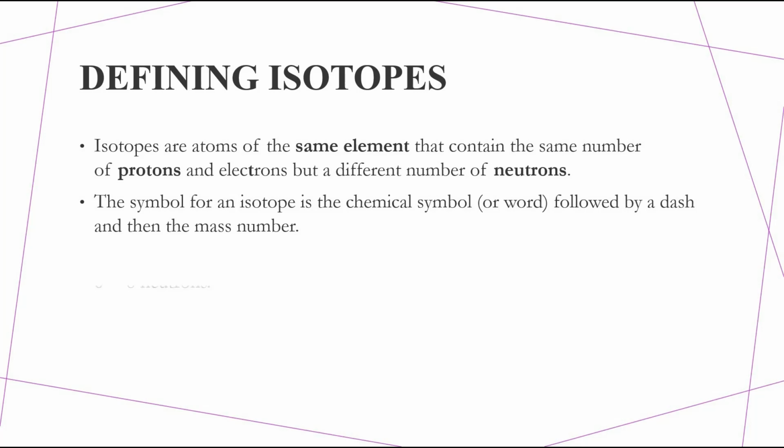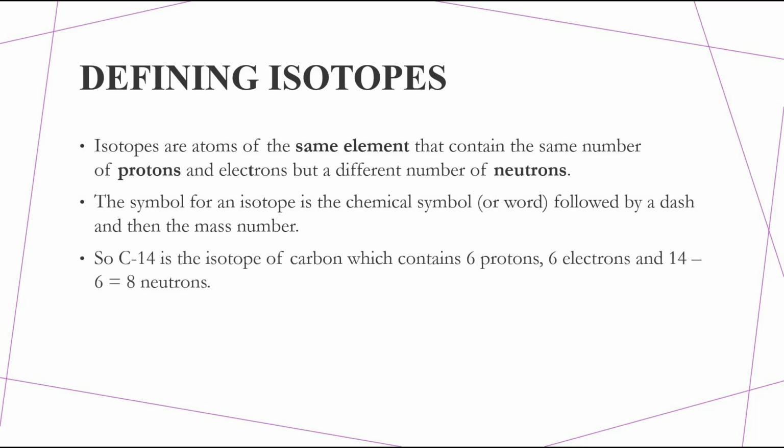So let's take an example of an isotope, that is C-14. C-14 is the isotope of carbon which contains 6 protons, 6 electrons, and 14 minus 6 equals 8 neutrons. Now, I think it would be foolish of me to tell you how we calculated the number of protons, electrons, and neutrons.